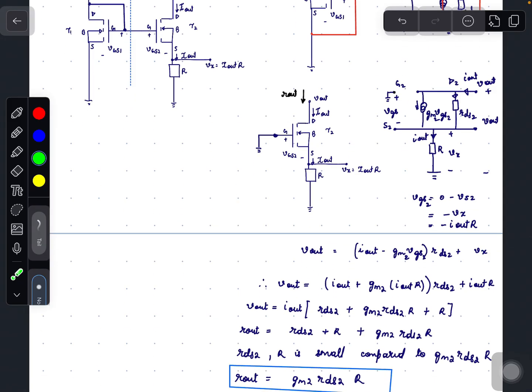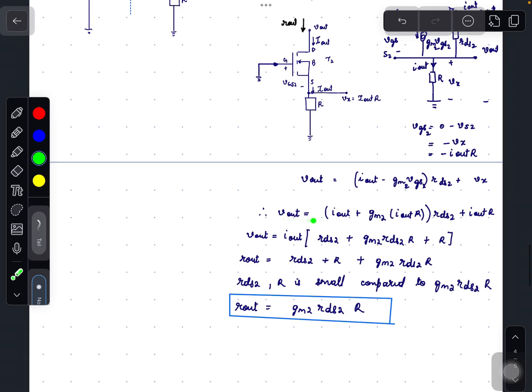We know that VGS2 is nothing but minus Vs2 since Vg is grounded. So VGS2 equals minus I out times R. Replacing VGS2 by minus I out times R and Vx as I out times R, we get this equation.